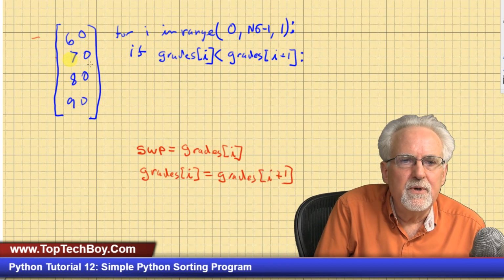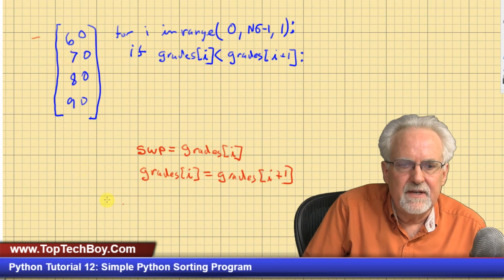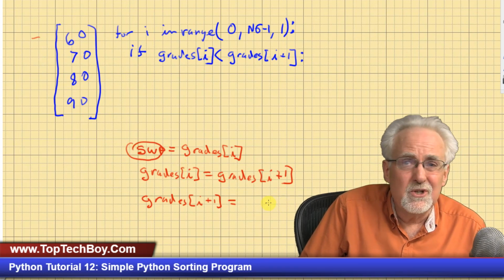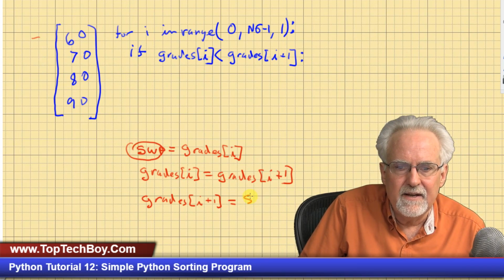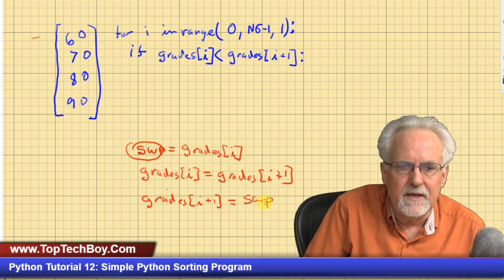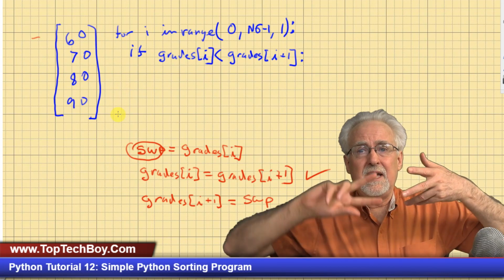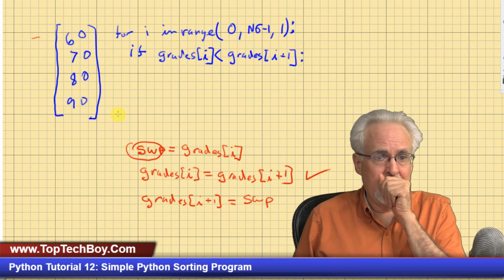Okay, now that puts the 70 into the 60 position, and now I need the 60 in the 70 position, so I would say grades of I plus 1 is equal to what? It's equal to swap. That's that variable where I was holding the 60 off to the side, and so I would say SWP. Okay, and this is the code that will change 2 positions in the list.